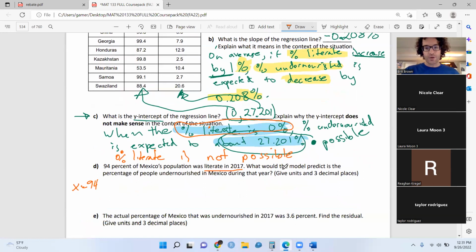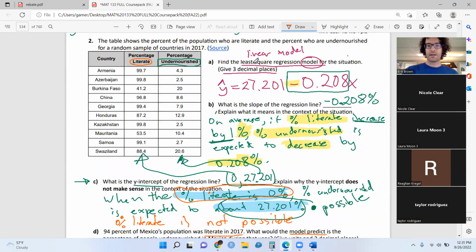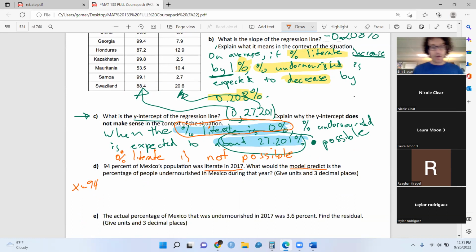What would the model predict? Well, what's the model? It's the least squares regression model. So we took off a bunch of the words for that, right? That means we're going to use y hat equals 27.201 minus 0.208. And then we're going to plug in our number for X and make a prediction.